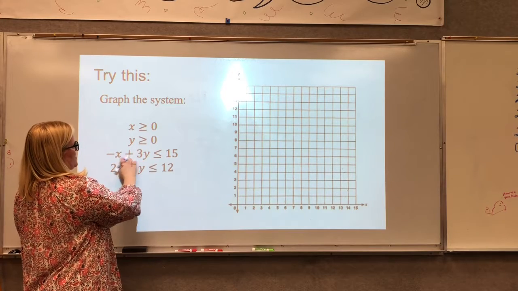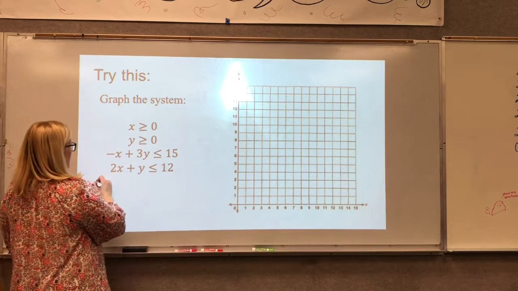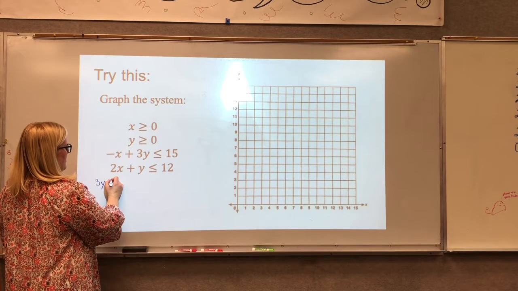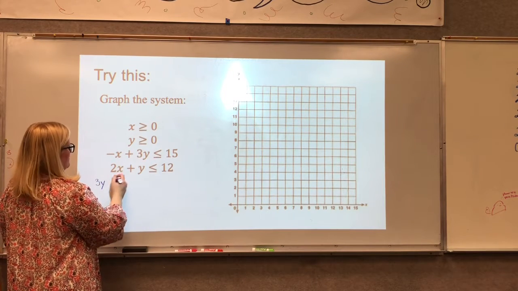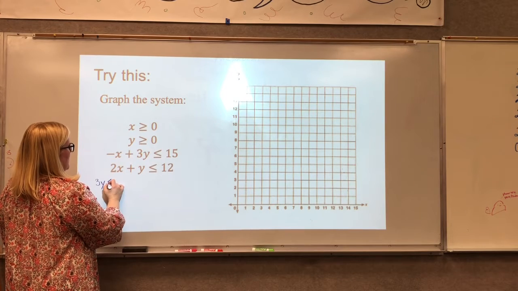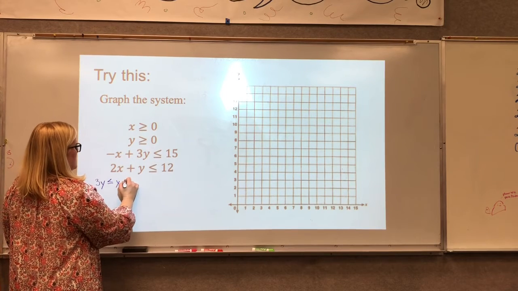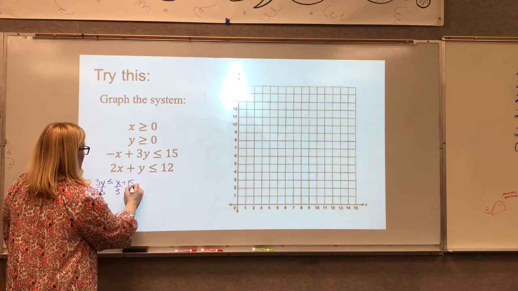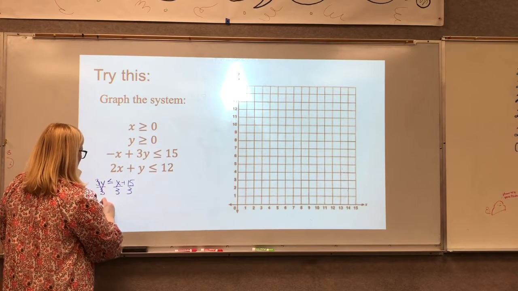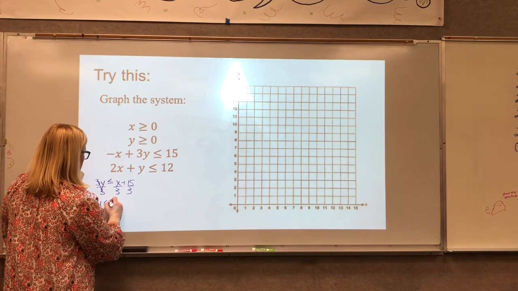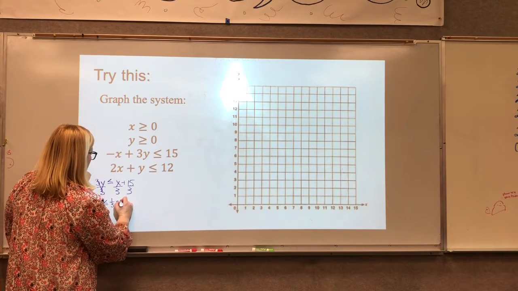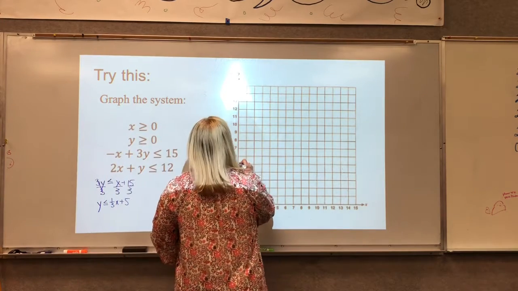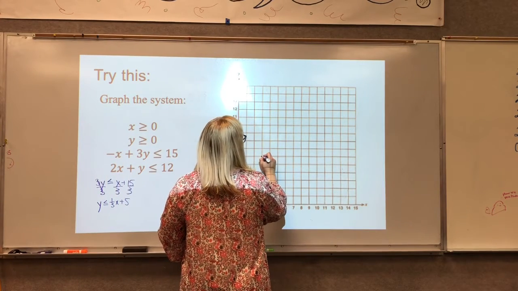I'm going to turn this into a line again. So 3y, well, I'll keep it as an inequality, is less than or equal to x plus 15, divided by 3. So my border is going to be y equals 1/3 x plus 5. So here's 5, up 1 over 3.